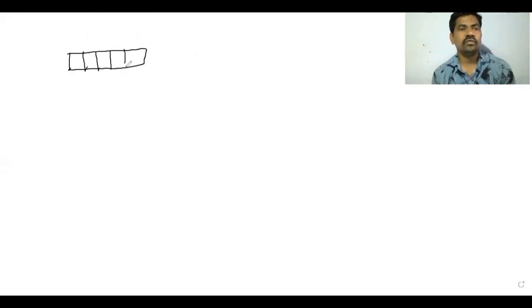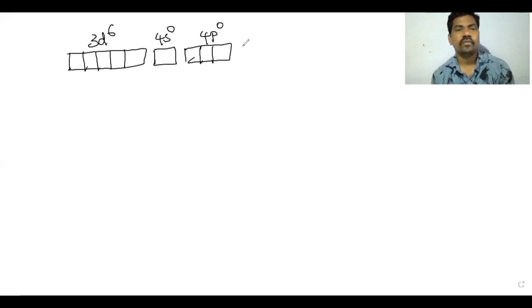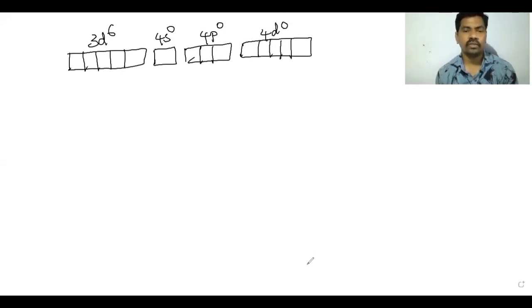This is the 3d level, 3d6, then 4s0, 4p0, and 4d0. Now the 6 electrons, 1, 2, 3, 4, 5, 6, are arranged like this.